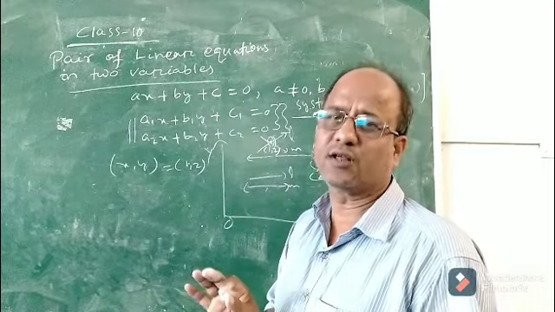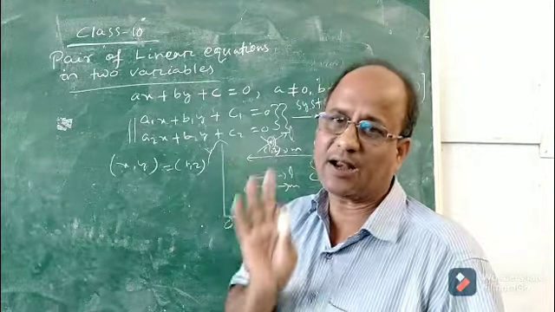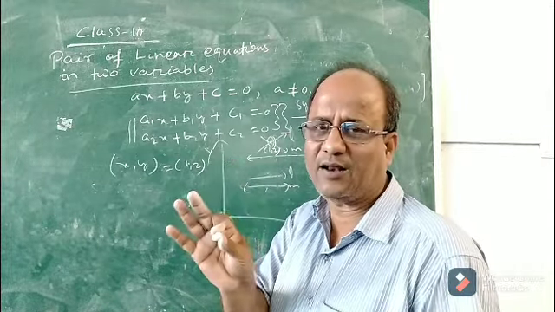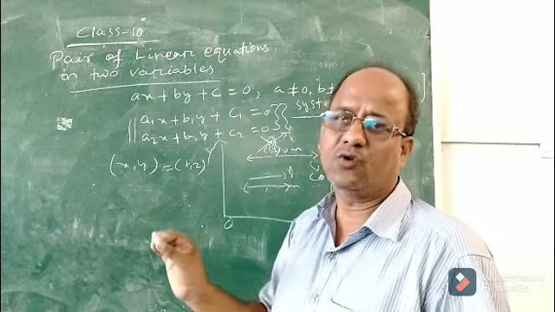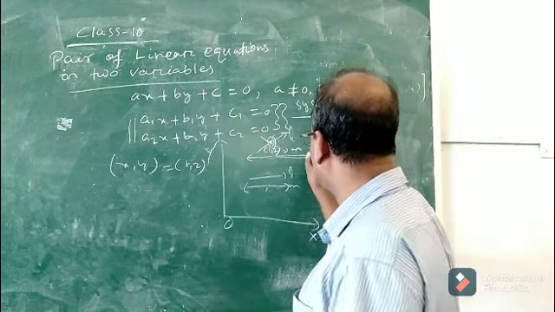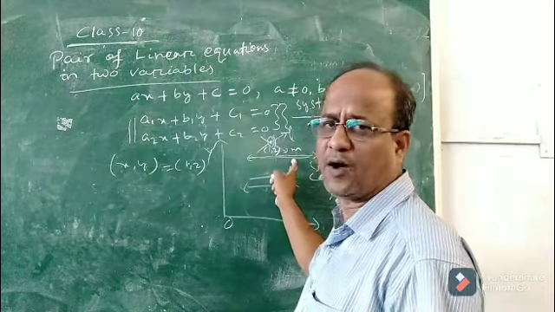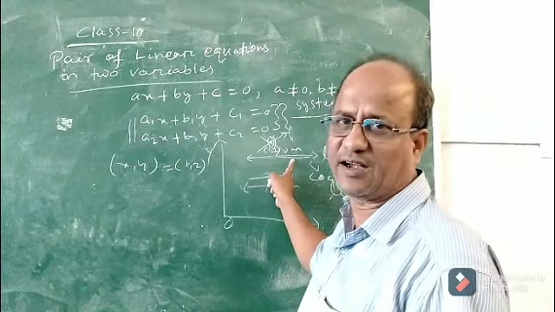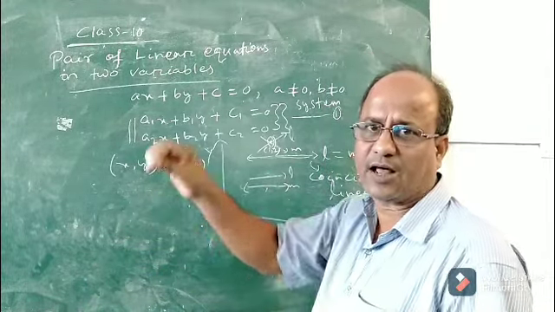You see, for no solution, the two straight lines must be parallel. If the two straight lines are parallel, we will conclude that the system or the pair of equations has no solution. Now what about the third case? In case 3, you find that the two straight lines are coincident lines, meaning one is overlapping another.